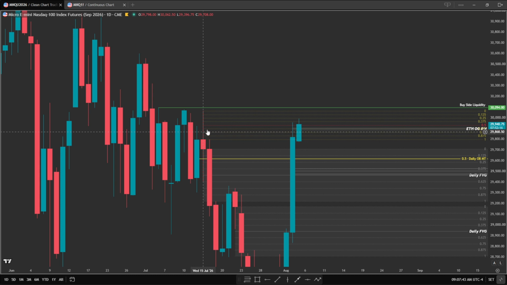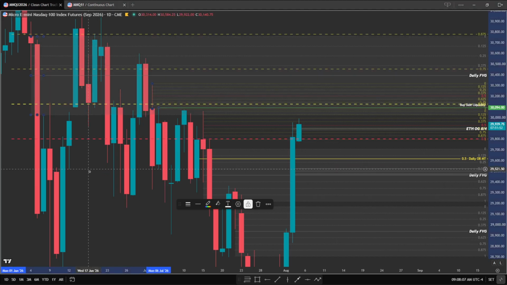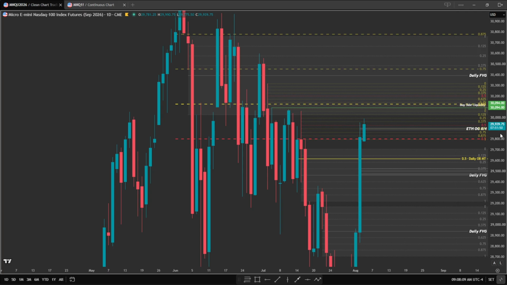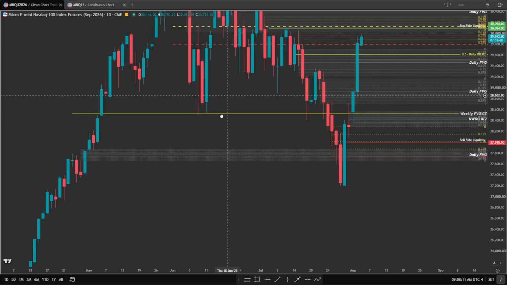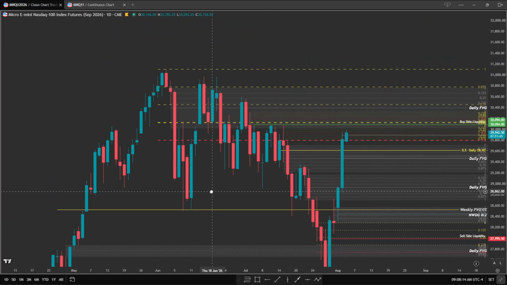To have this, I guess I could use it to go higher. I'm going to copy paste, hopefully, all of those levels I just drew. Yeah, that looks good.